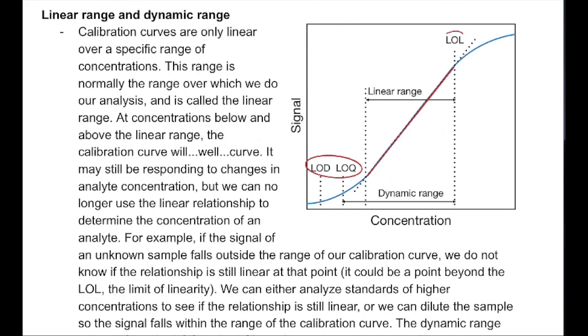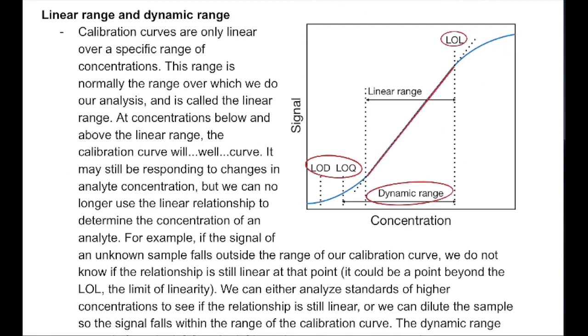The limit of linearity, the LOL, is the part of the calibration curve after which the calibration curve is no longer linear, and the dynamic range is the range over which we can reliably quantitate the analyte.